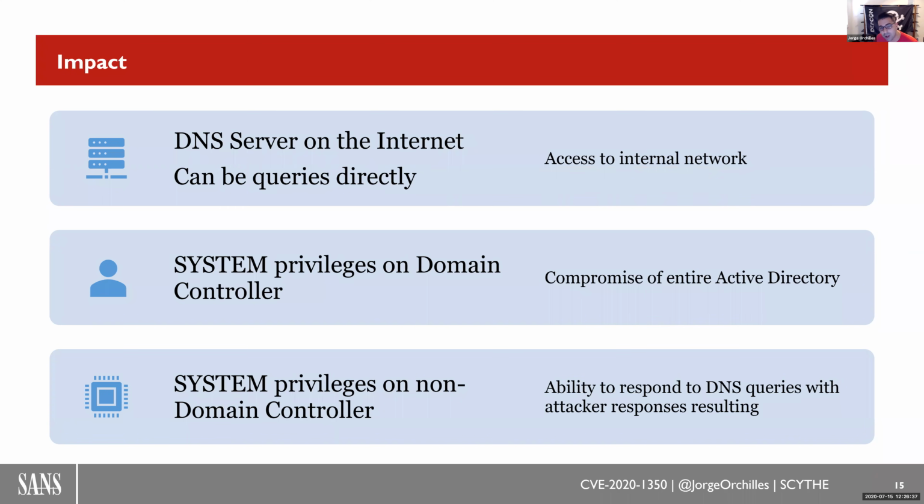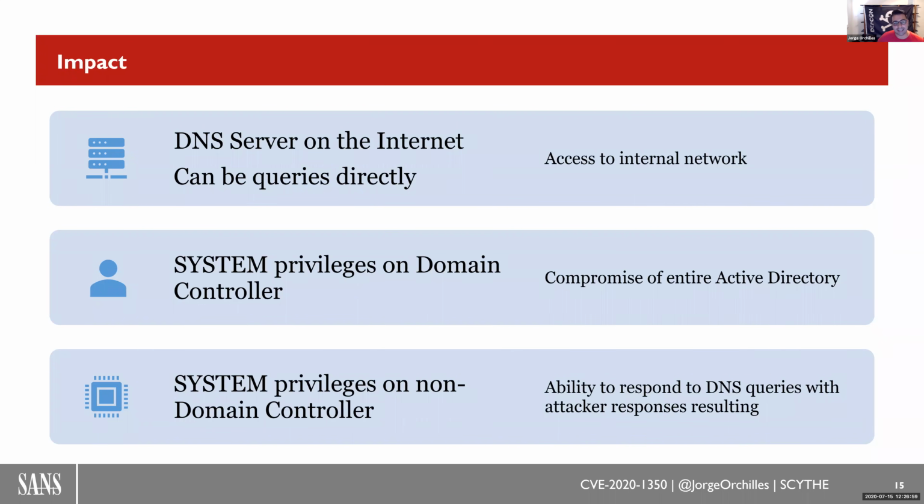Well, they would probably now have access to the internal network. And if that DNS server that has port 53 exposed to the internet is also resolving for internal systems, then the attacker will have control over any response, meaning that they are now a malicious person in the middle.